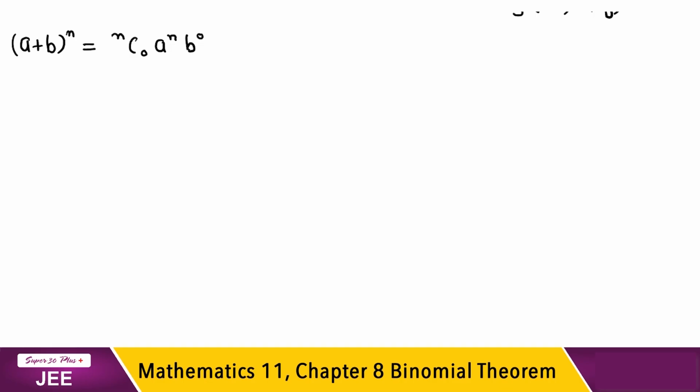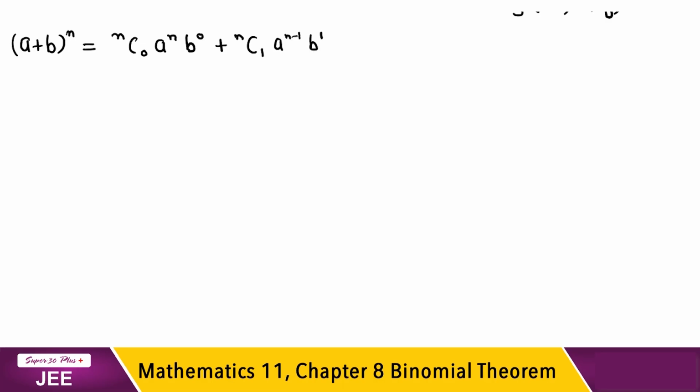I hope everybody will now be able to write down the binomial expansion of (a + b) raised to the power n. What is the first term? The first term is nC0, a raised to the power n and b raised to the power 0. What was the second term? The second term was nC1, a raised to the power n minus 1, b raised to the power 1.